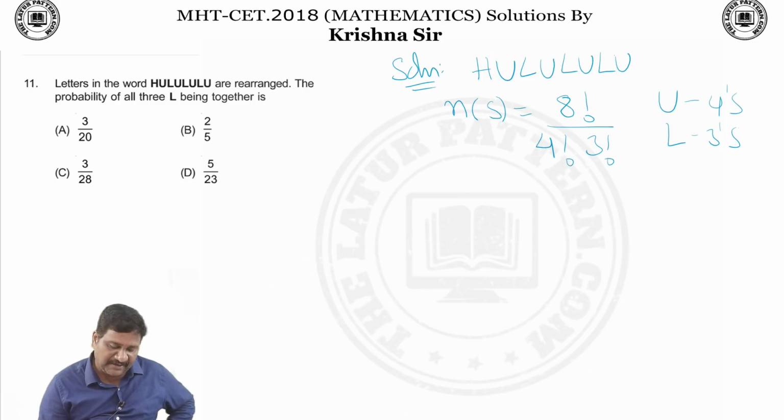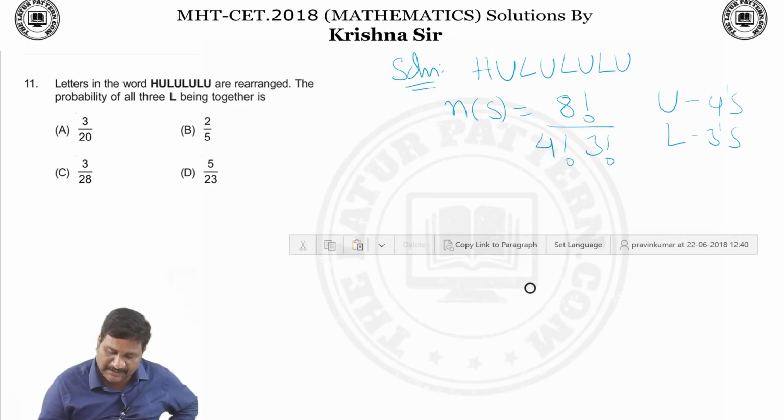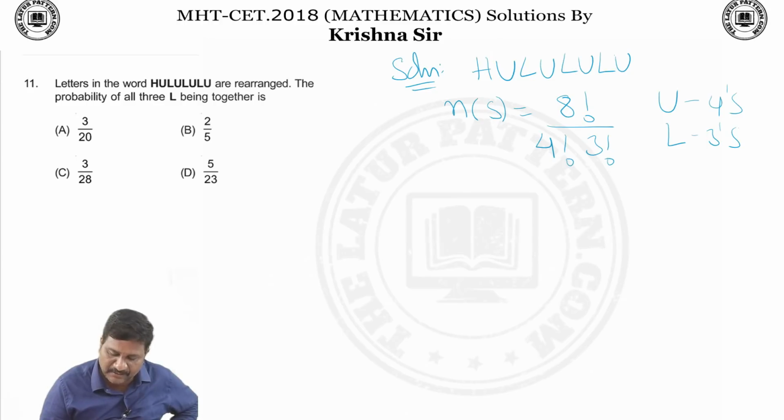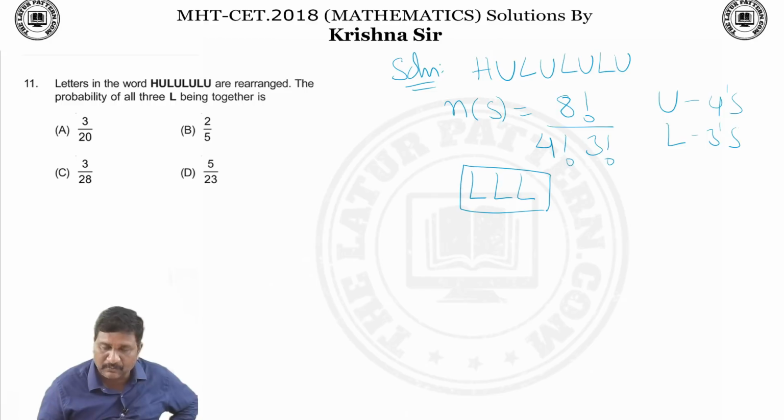Now the given condition is the probability of all three L being together. Taking the L's together as one letter, the remaining letters are H, only one, and U's, 4.